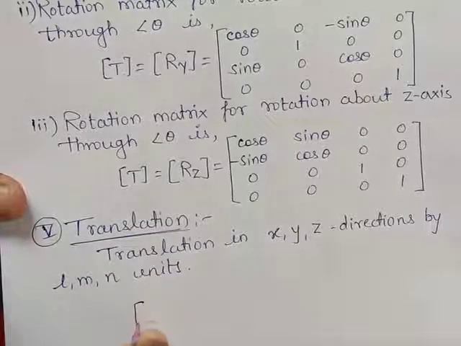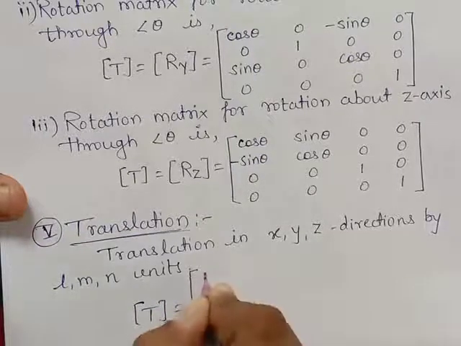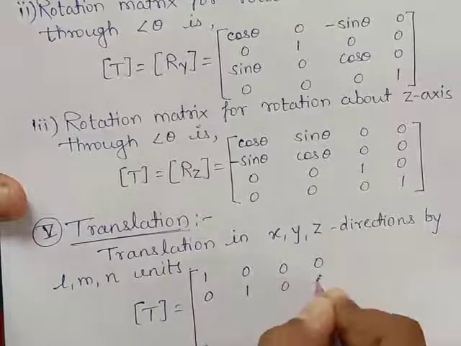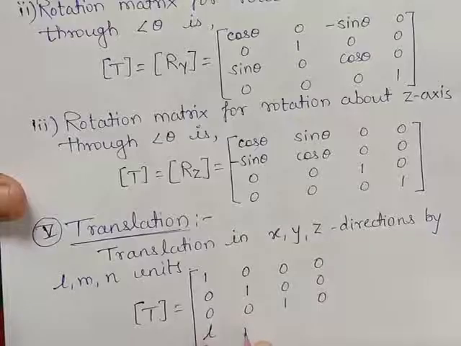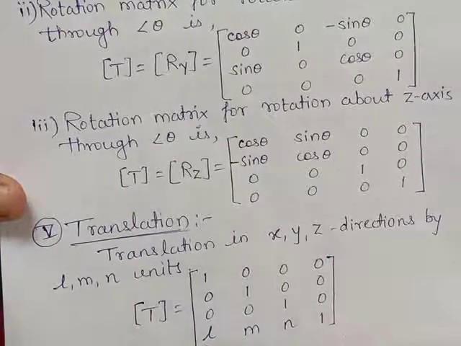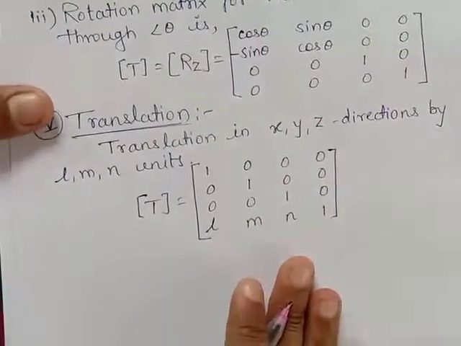Then the transformation matrix T is given as 1, 0, 0, 0, 0, 1, 0, 0, 0, 0, 1, 0, L, M, N, 1. Okay, this is about the basic transformations.